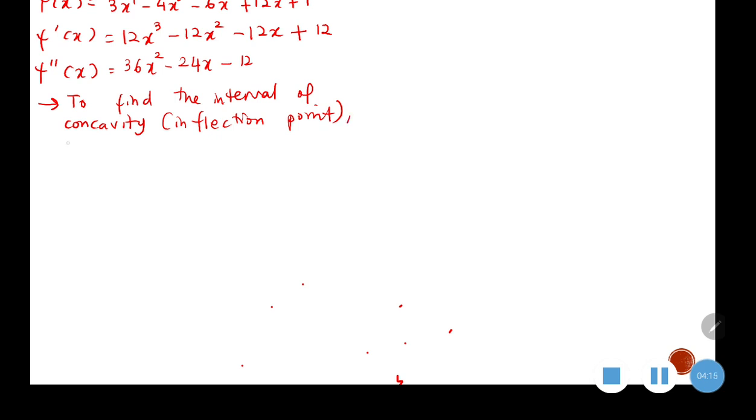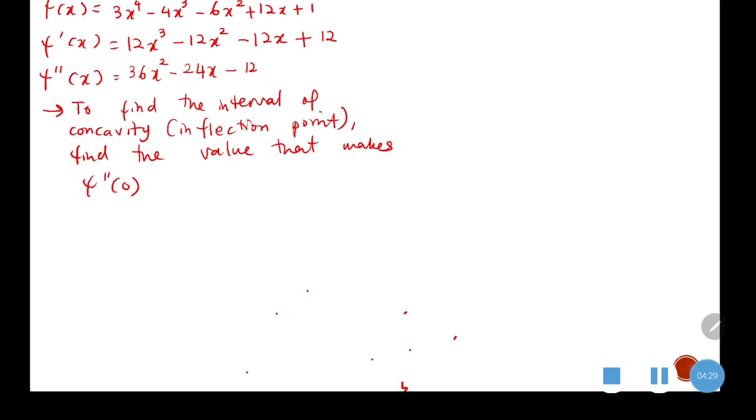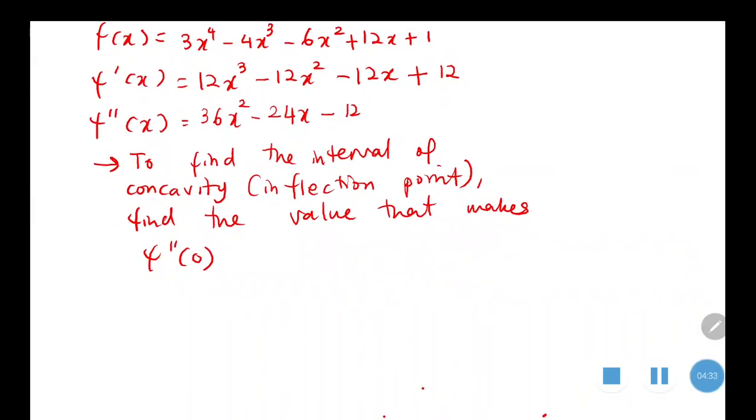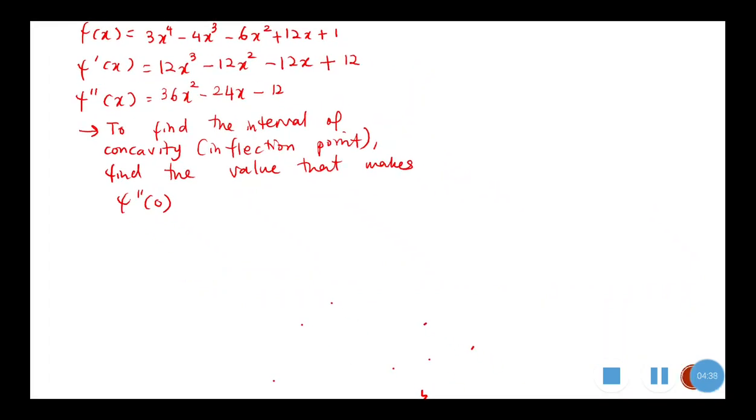We have to find the value that makes f double prime 0. Remember guys, the value that makes f double prime 0 is the inflection point.